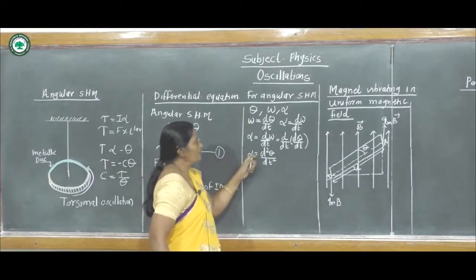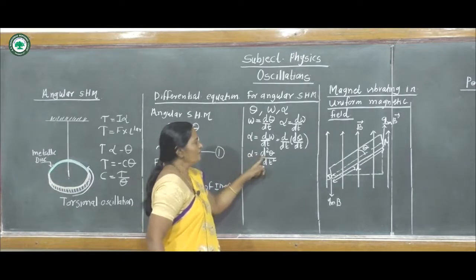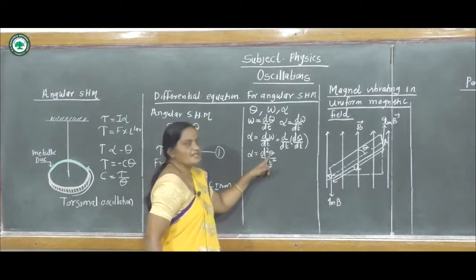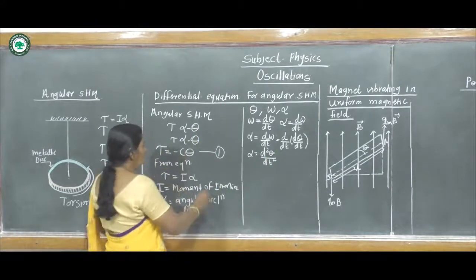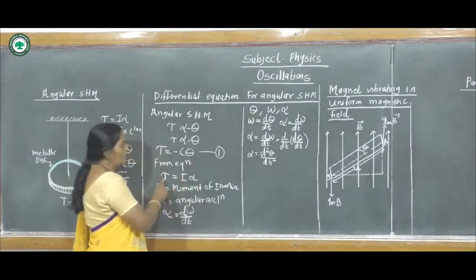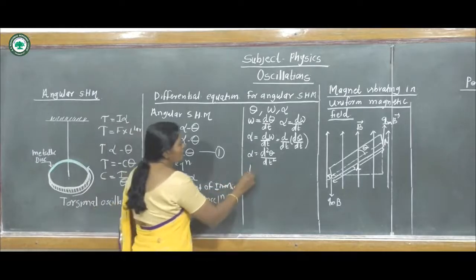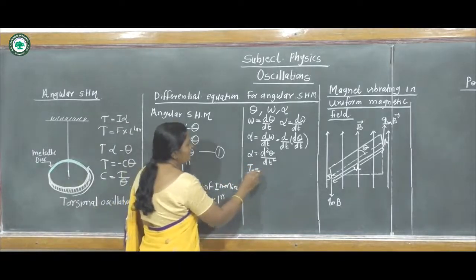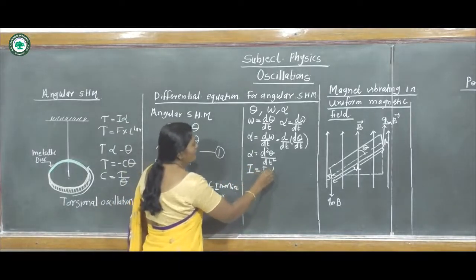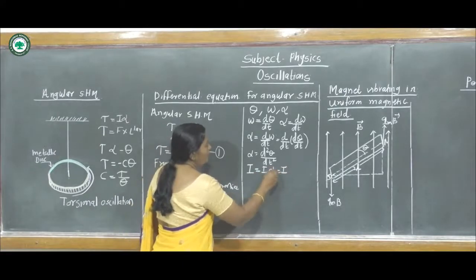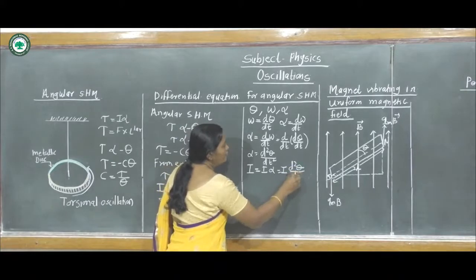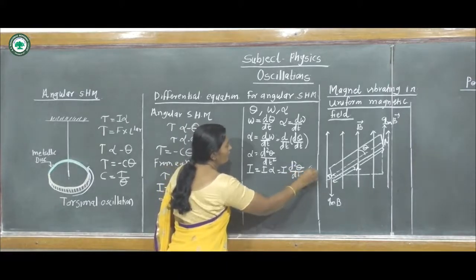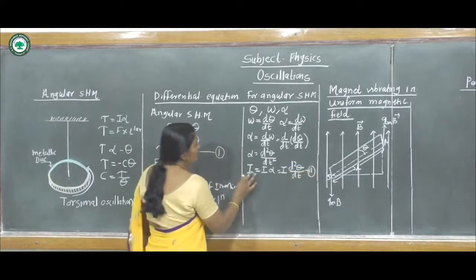That is, angular acceleration is the second derivative of angular displacement. Now substitute in the equation torque is equal to I alpha. Substitute the value of alpha, d2 theta by dt square. This is equation number 1.